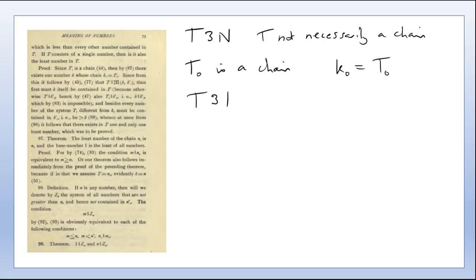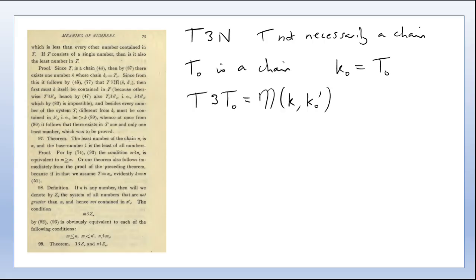So T is a part of T0, but T0 is equal to the system compounded of K and the transform chain of K, so that's 77.